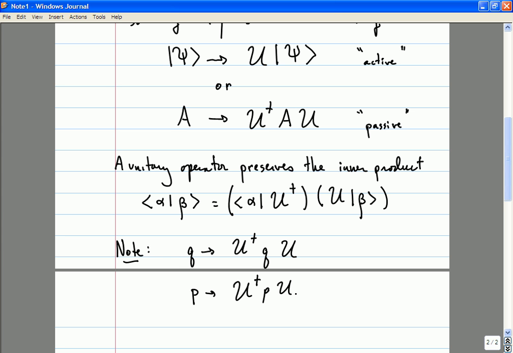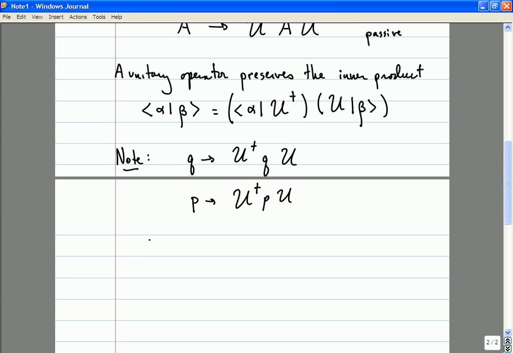And just using these symmetry transformation rules, we see that the commutator, so let's call this Q tilde and P tilde, then the commutator of Q tilde and P tilde is, well, if you just plug that into the definition of the commutator, you'll see that all of the U's and U daggers cancel, and so we just get the commutator of Q with P, which is equal to 1.